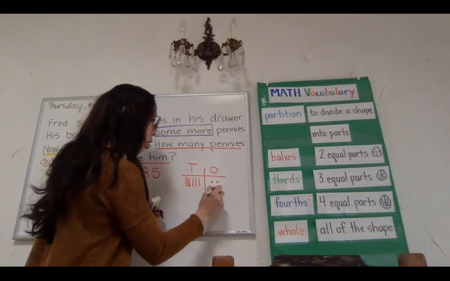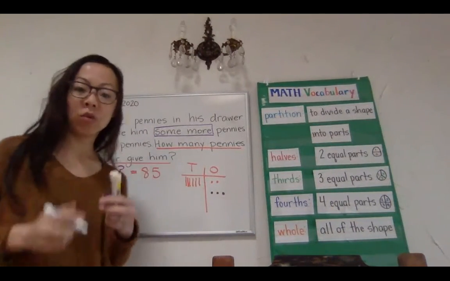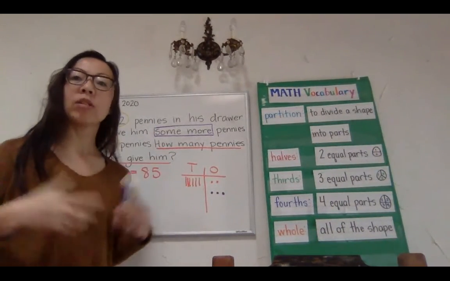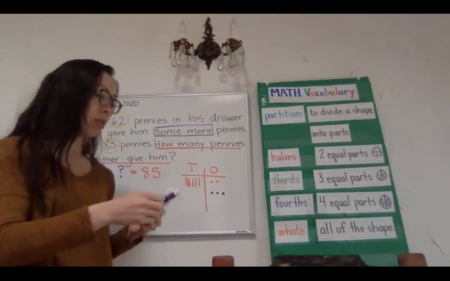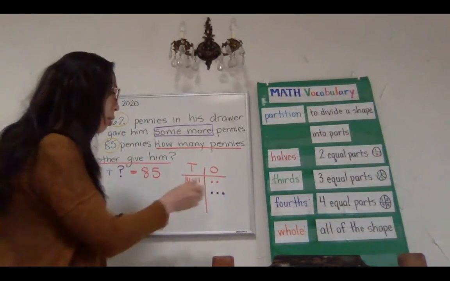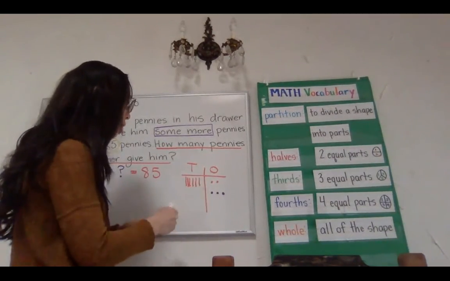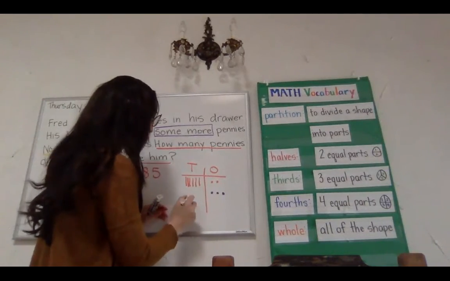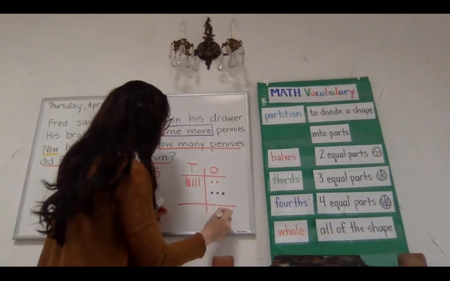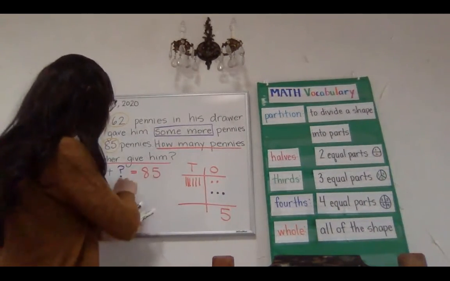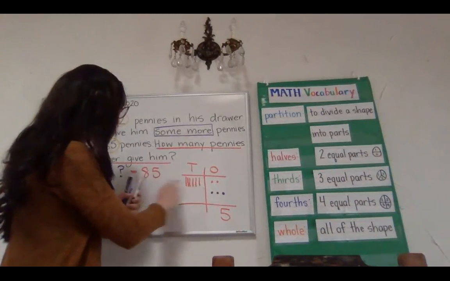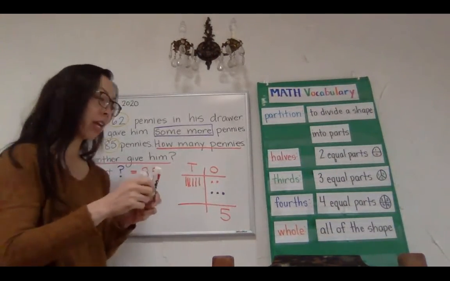2, 3. Hey, by the way, guys, those of you who've been changing colors, that is awesome. It's really showing you're knowing what those numbers stand for. All right, so I have 2 plus 3. That gets me to my 5. And then I'm trying to get from 6 to 85. He had 85.